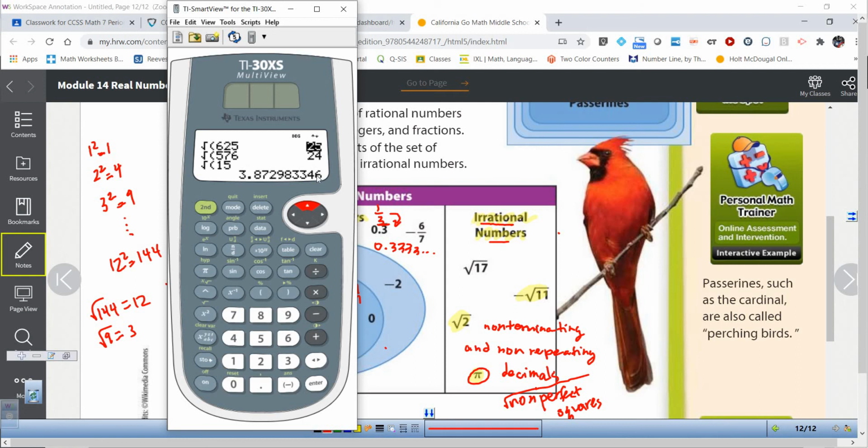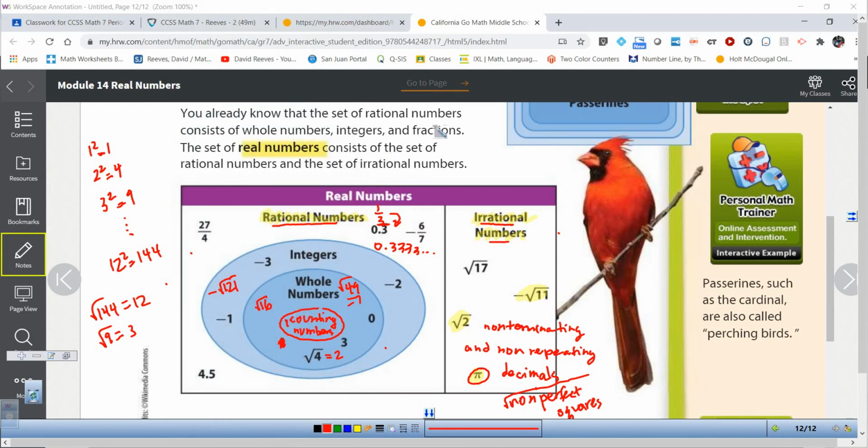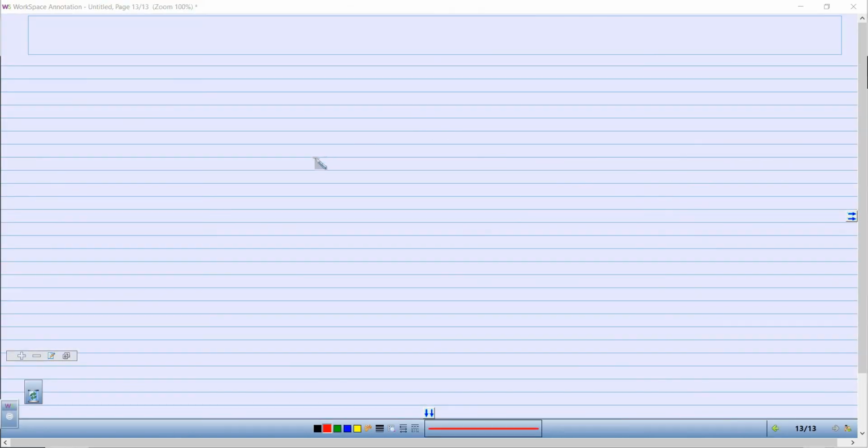So I hope you can clearly see the difference. If you have a square root, put it in the calculator, and if it comes out to be a whole number, it's rational, or a decimal that ends. Let me make one exception here. If I do the square root of 36 over 25, that's not going to be a whole number, but the square root of 36 over 25 is the square root of 36 over the square root of 25, and I get 6 over 5.